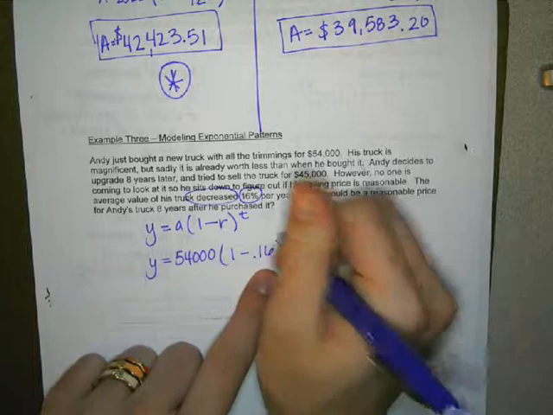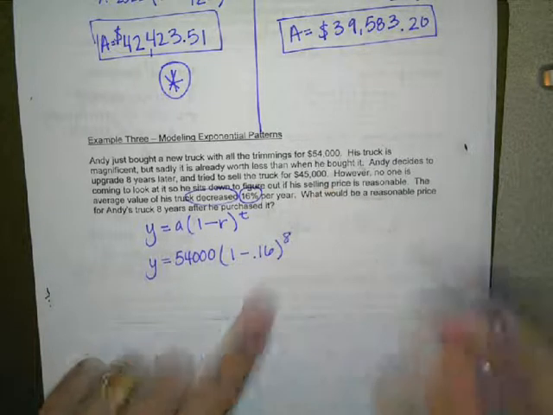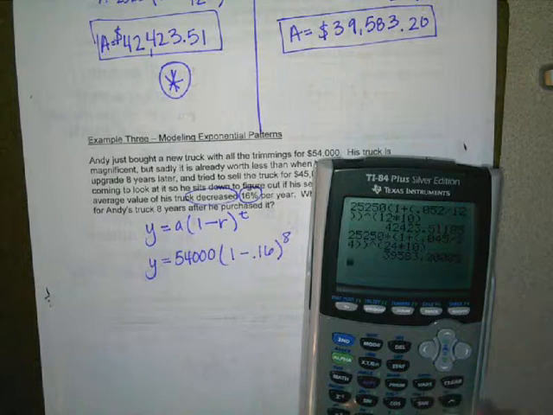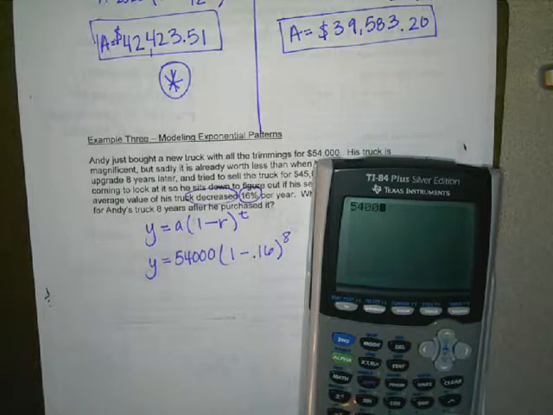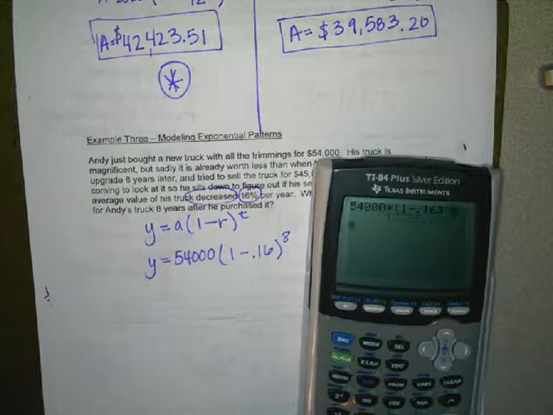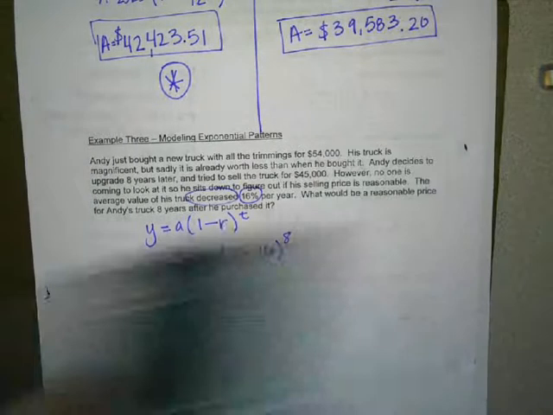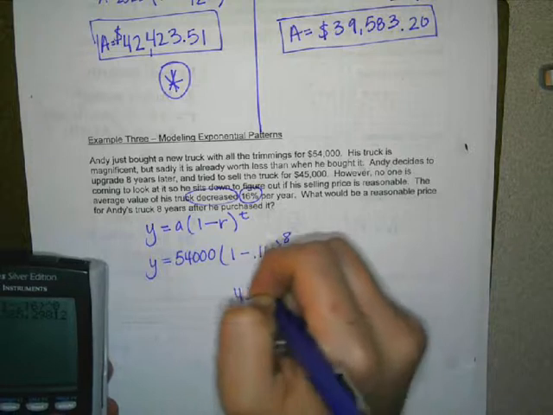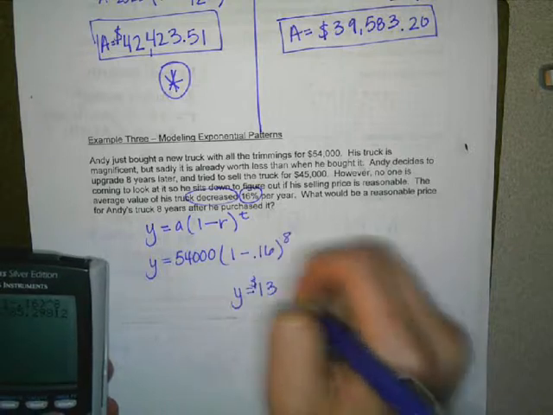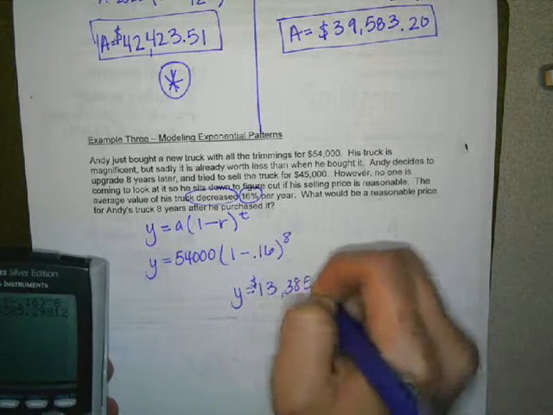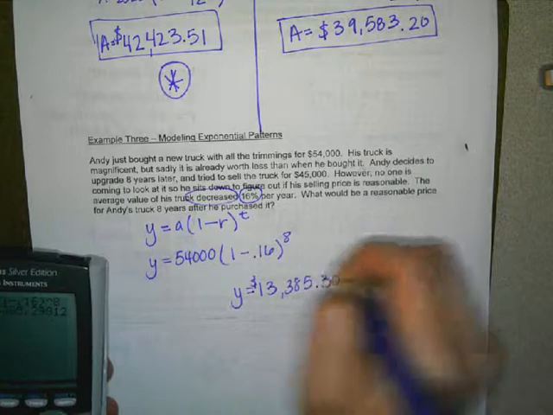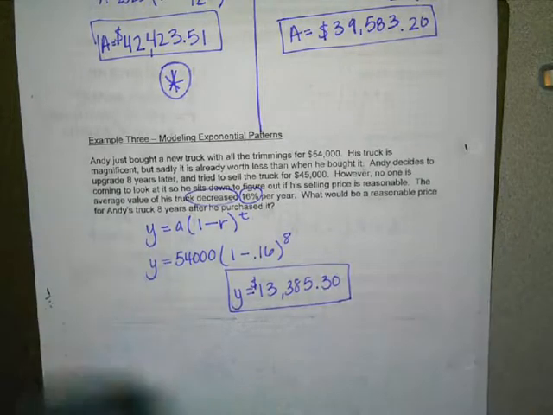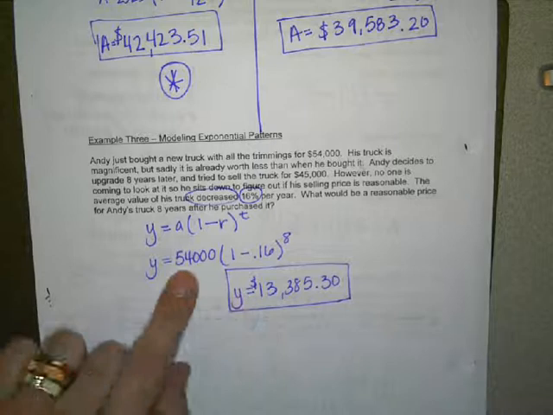And then we want it for 8 years. Okay, so 54,000 times 1 minus 0.16 to the 8th. You end up getting 13,385.30.